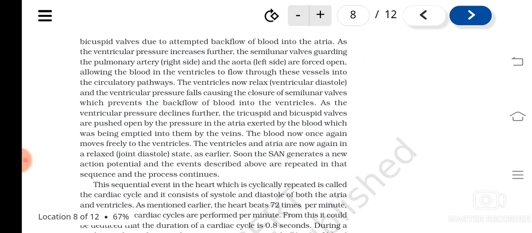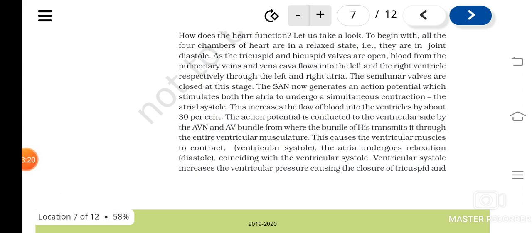Now, the action potential developed by the SAN stimulates both the atria, left and right, to contract. The flow of blood happens to the ventricle through the bicuspid and tricuspid valves. So, through that, the blood will pass into the ventricle.